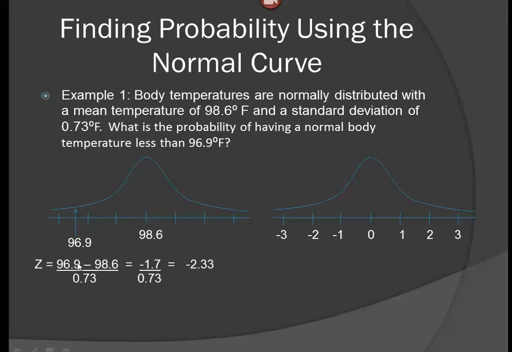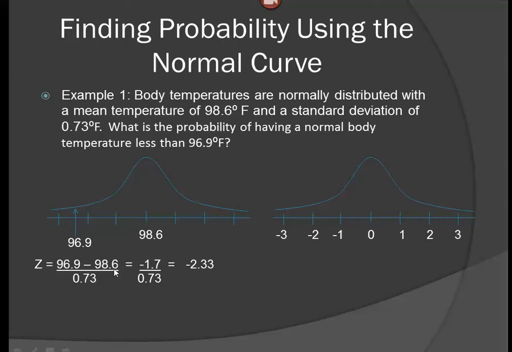If we plug this into the z formula, we can find out exactly where this would be on the standard normal curve, and it's at negative 2.33. If you're putting this into your calculator all at once, this is something I might have pointed out earlier, but you need to put parentheses around this top subtraction.